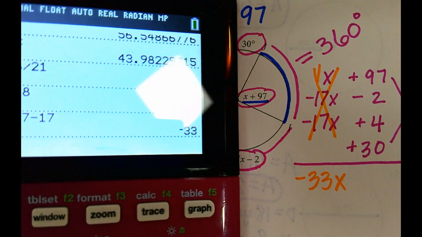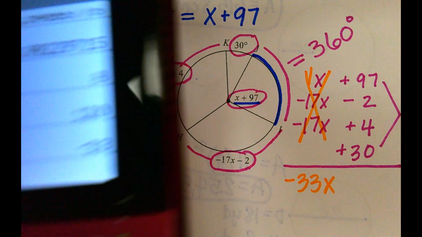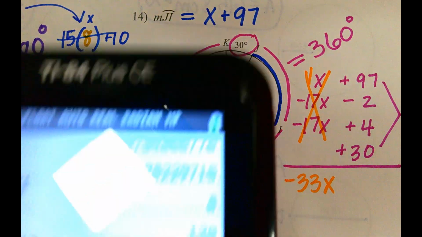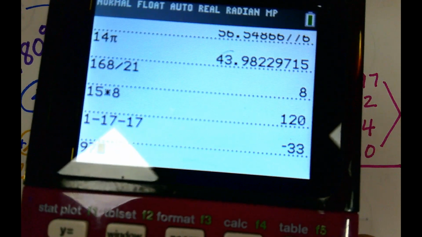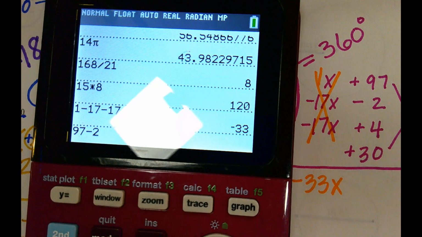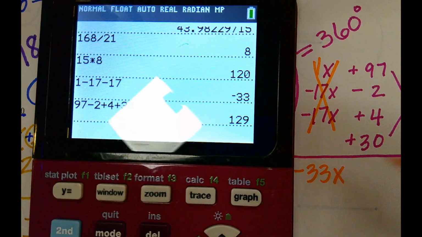Now let's look at our non-x values. I have 97 minus 2 plus 4 plus 30. We can type it in all at once if we want. So that's what I'm going to do. 97 minus 2 plus 4 plus 30. And I get positive 129.